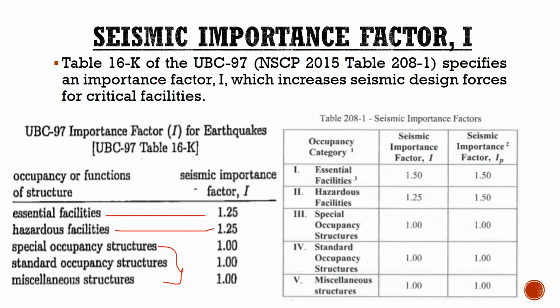Okay? So that is based on UBC guys, UBC table 16-K. But since we have this again sa NSCP 2015 table 208-1, mas i-follow na ta ni NSCP guys. So ang napansin nako guys na difference is sa essential facility. 1.25 siya sa UBC pero sa NSCP, 1.5.